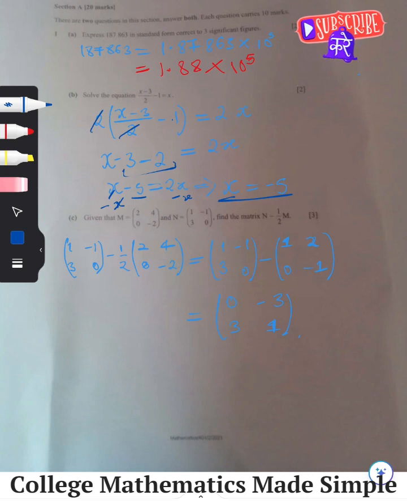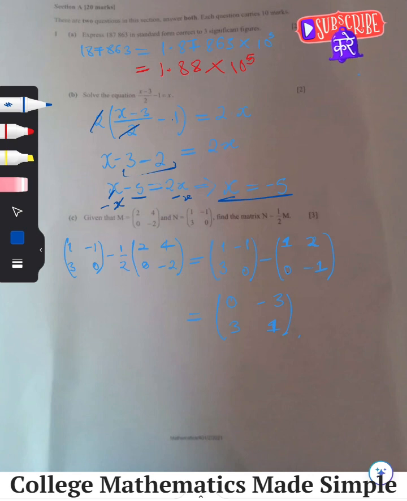Now first of all, we are going to take this product. This is just a scalar. We're going to multiply each entry of m by 1 over 2. So 1 over 2 multiplied by 2 is 1. 1 over 2 multiplied by 4 is 2. And then we have 0 and negative 1.